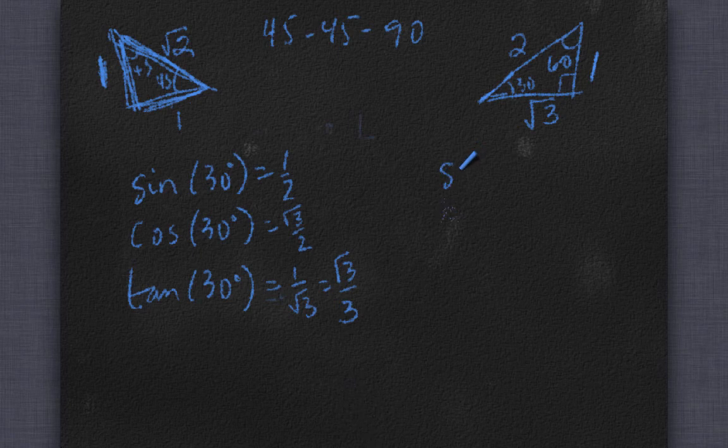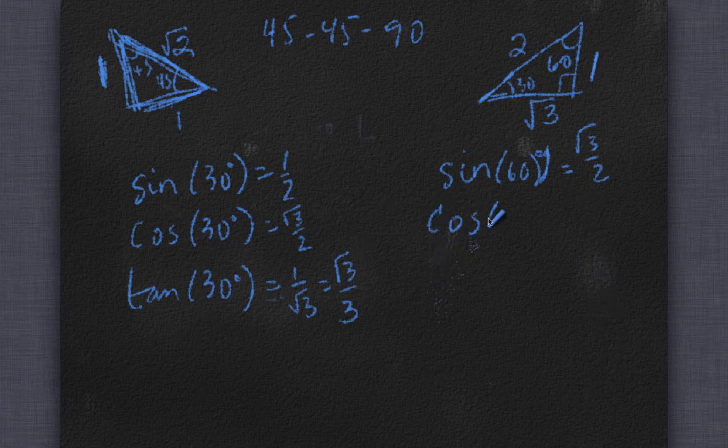So over here, sine of 60 degrees, opposite over hypotenuse. So these match. Cosine of 60 degrees, 1/2, adjacent over hypotenuse.